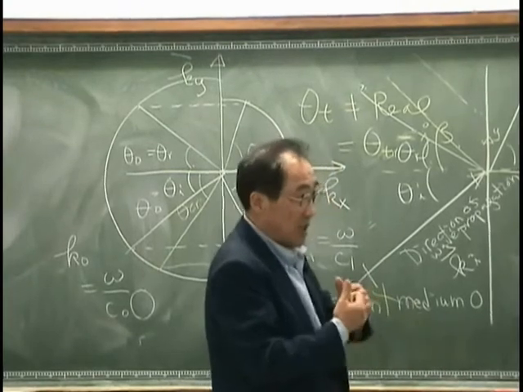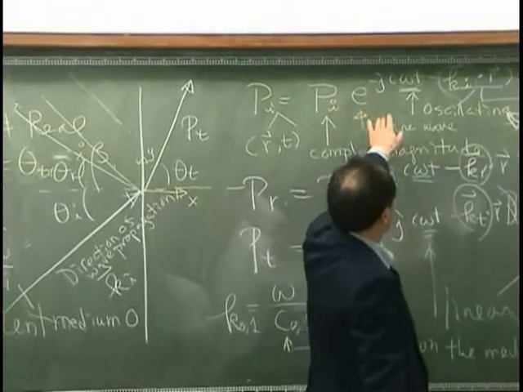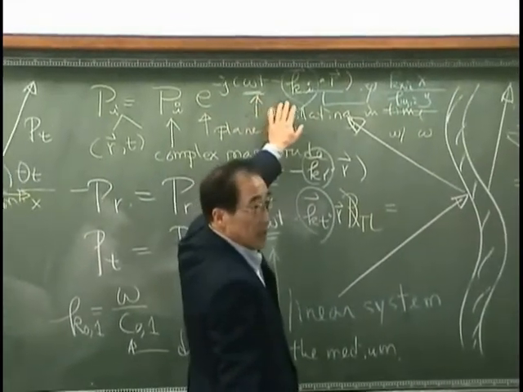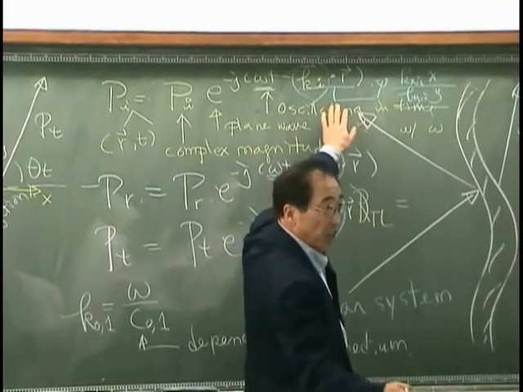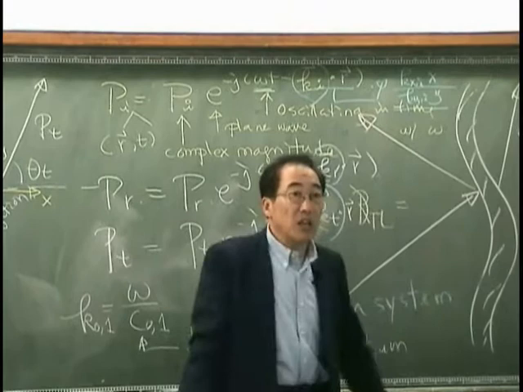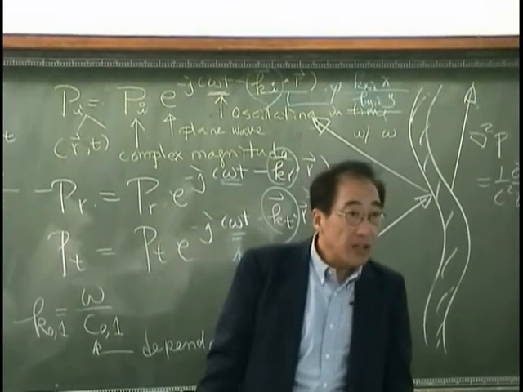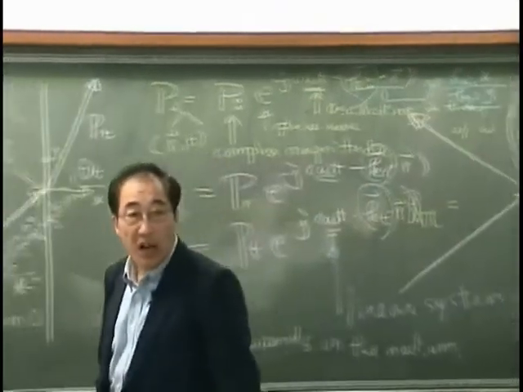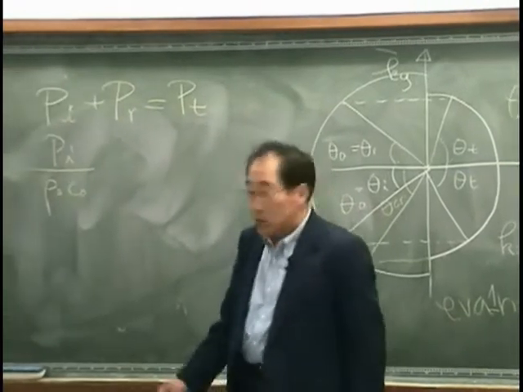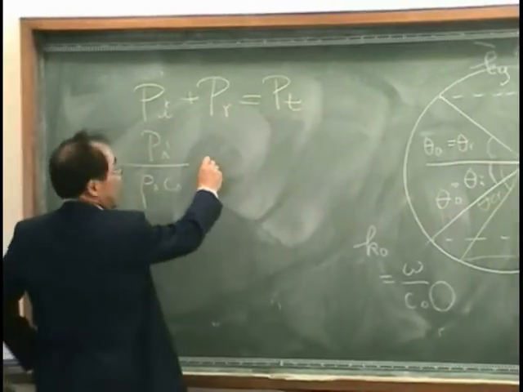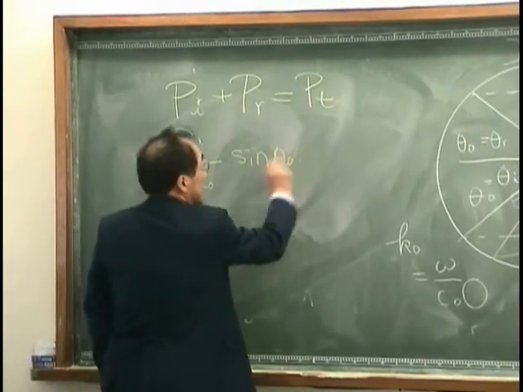And the velocity in the x direction has P_I exponential j omega t, minus the component in the y direction on x equals 0, which has only k_i y, that is k0 sine theta 0. So I have over here sine theta 0.